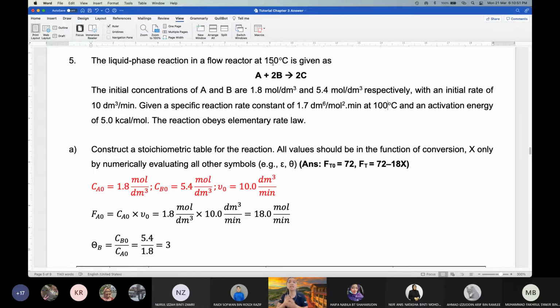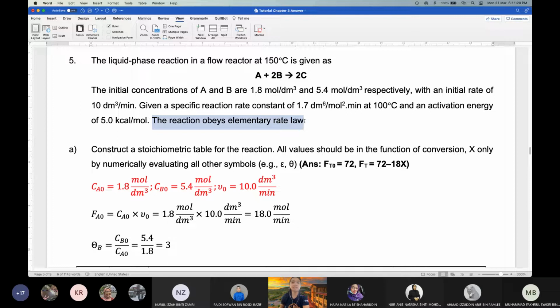If you are given a value of K, check at what temperature. Is that the reaction temperature or not? If it's not, then you have to remember that you must find K at 150, the reaction temperature. Okay, then it says activation energy is 5 kilocalorie per mole. So it gives us EA, 5 kilocalorie per mole. And it says the reaction obeys an elementary rate law.